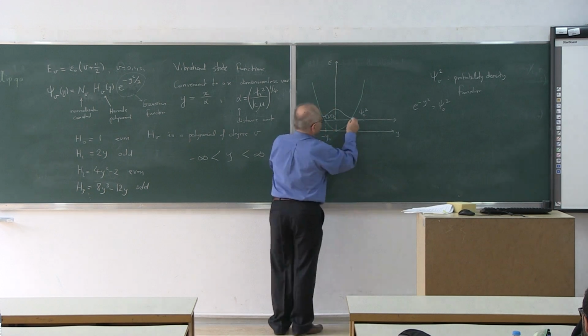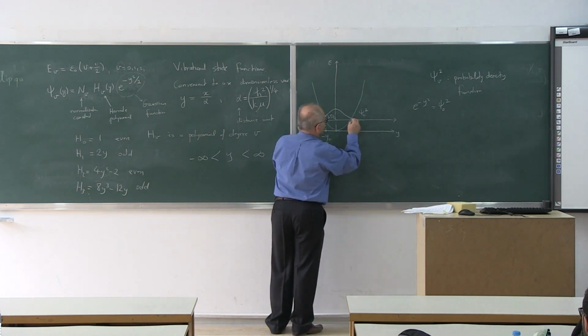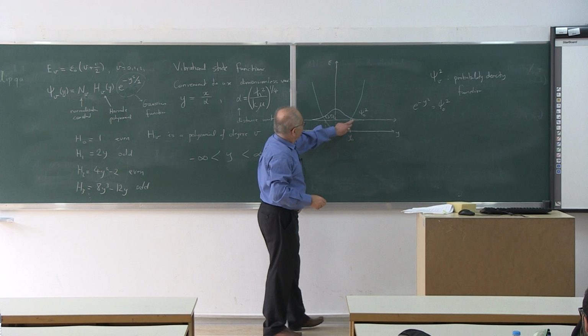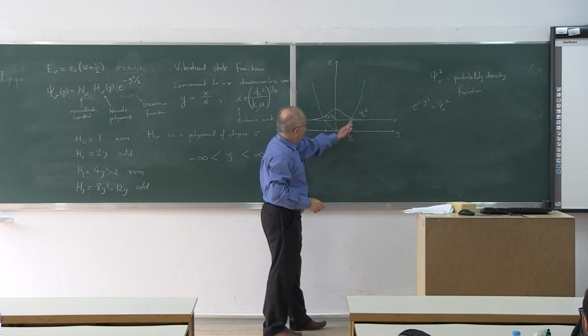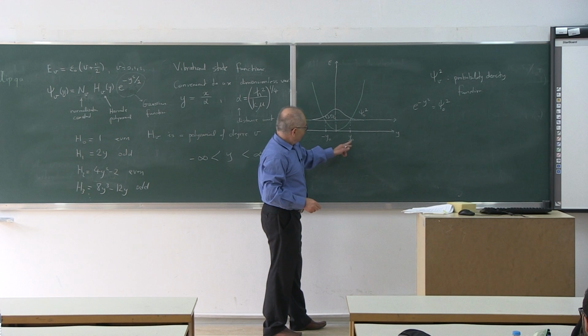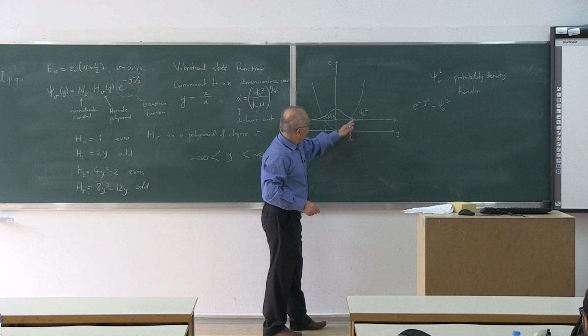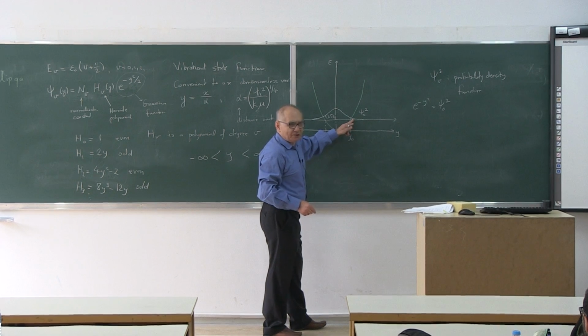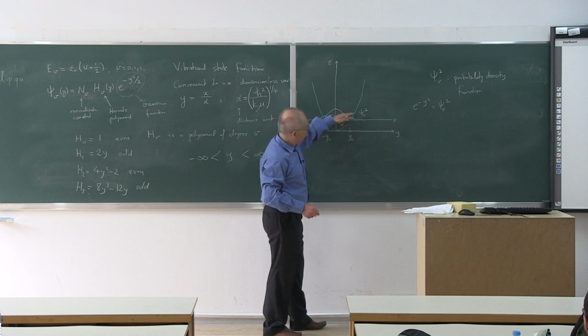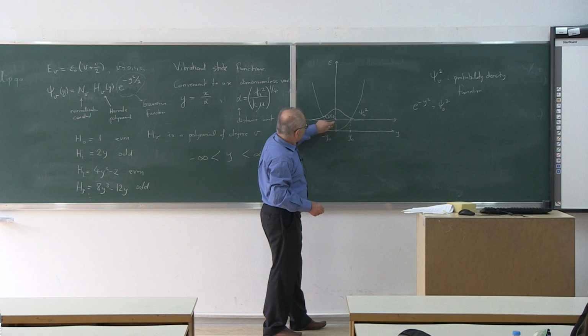We see that at this point, these are the y values after the right turning point. At such y values, is the probability density 0? You see the graph here.